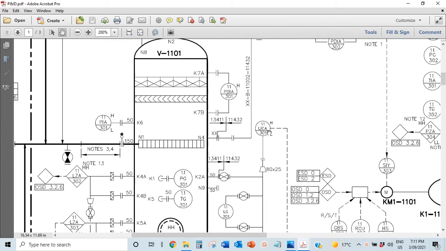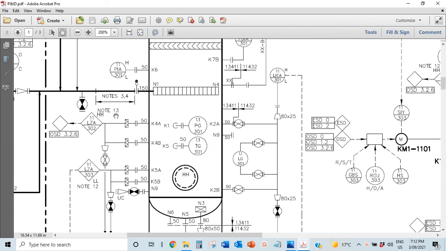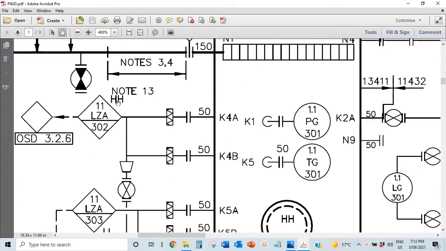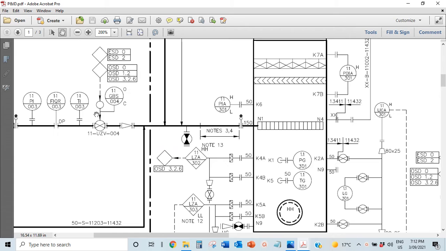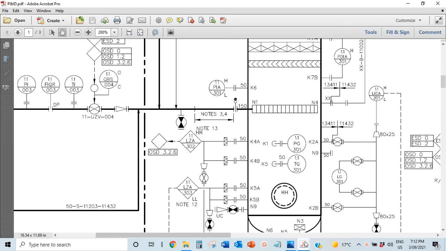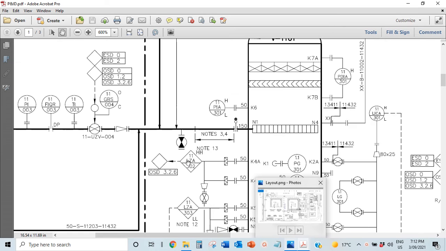This is just explaining, right? We're not going to go through each one, but let's say this is a level trip, high. So let's say the fluid in here goes so high. So you want to close this down so that this doesn't get any feed in. So let's say this level trip here.